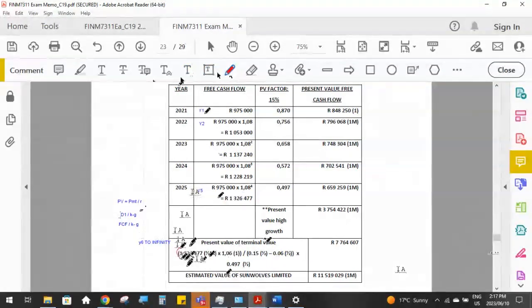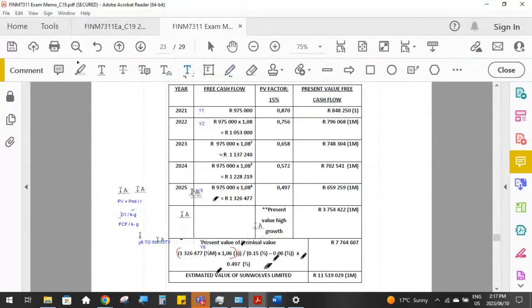So this times 1.06 calculates year 6's cash flow. So FCF divided by K, which is our WACC, minus G.